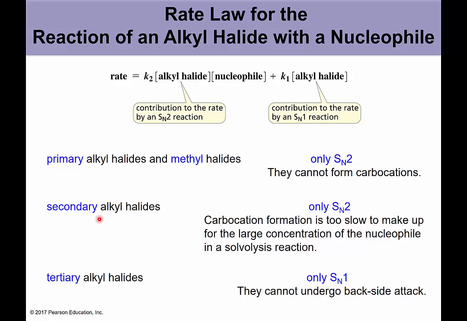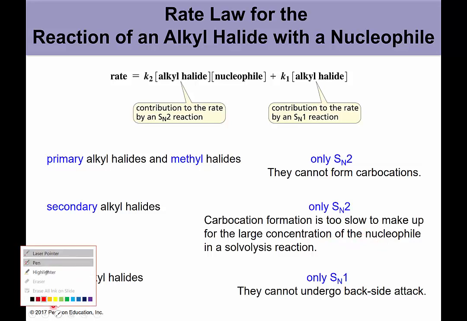Now, one of the things your book does, and it helps to simplify this whole section, is if you think about secondary alkyl halides, you only have SN2 reactions if the carbocation formation is slow, to make up for the large concentration of the nucleophile in a solvolysis reaction. So really, the important aspect of this is that it's a solvolysis reaction.